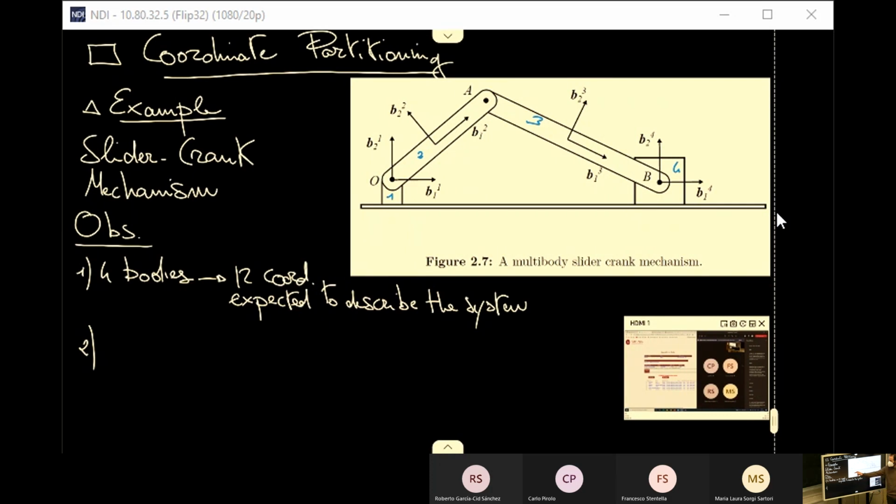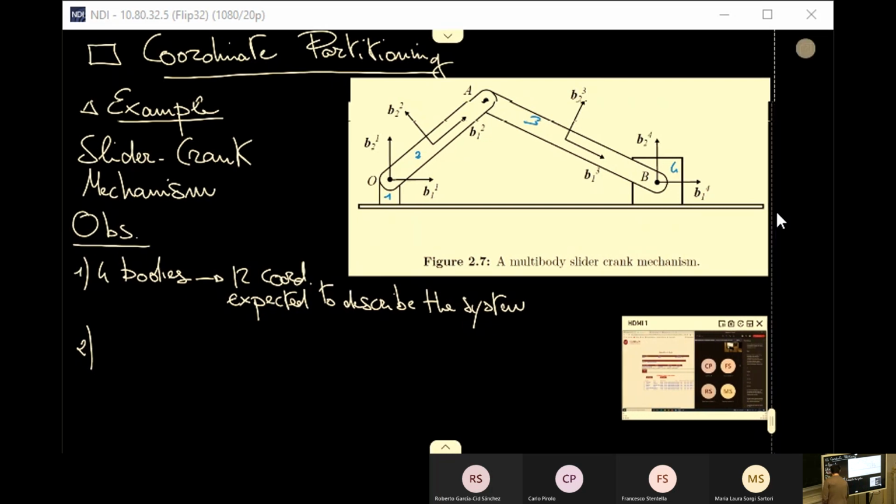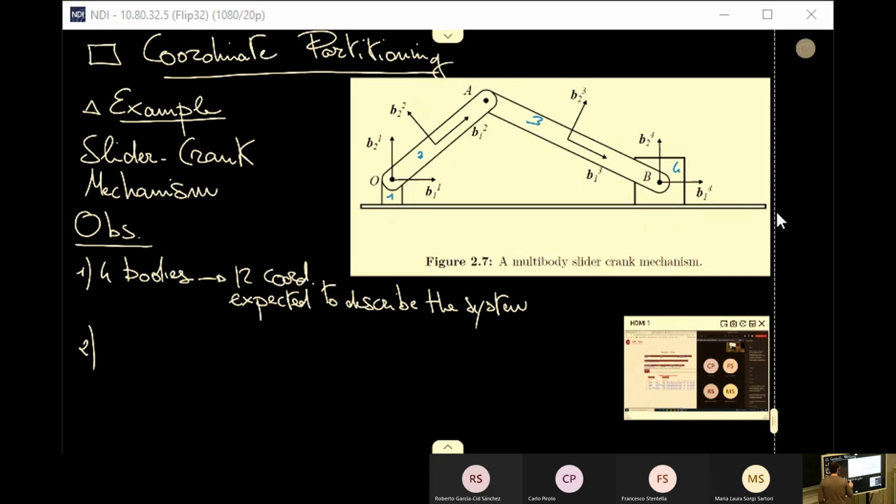Here I have a ground constraint because part 1 is fixed on the ground. So we said five constraints.